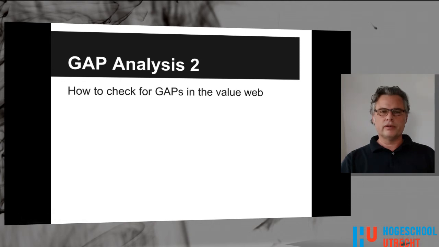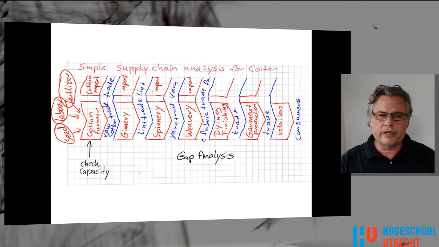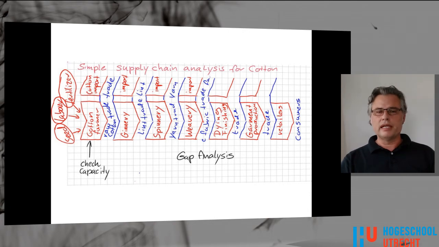When you want to check for gaps in the value web, you can do that as follows. Take your mapped out value web, check capacities of the different stages, check the theoretical capacity, which is the number of machines and their maximum capacity, or the available length multiplied by the maximum crop yield, and check utilization of that capacity.